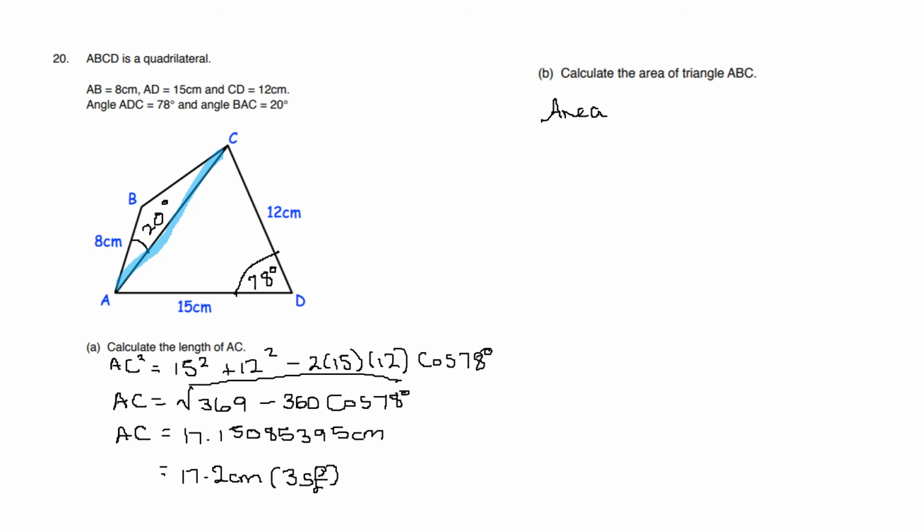So we can say that area is equal to half times 8 times the full answer that we got for question A multiplied by sine 20 degrees, and that will give us 23.5 centimetres squared to 3 significant figures.